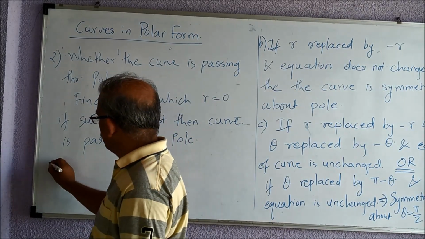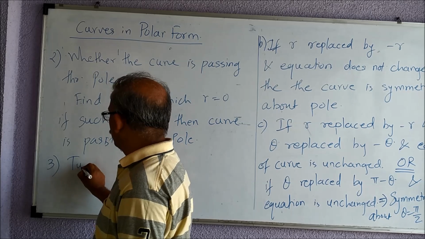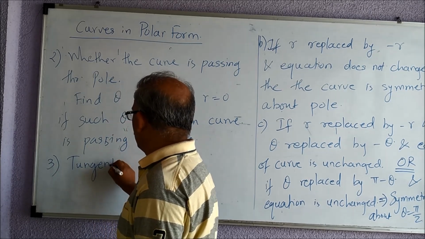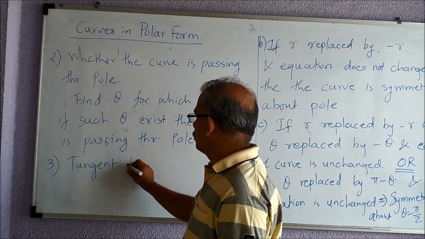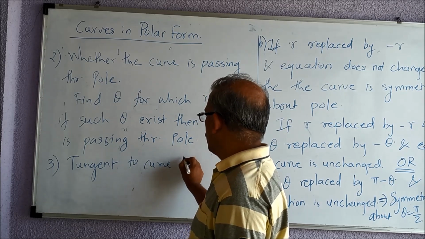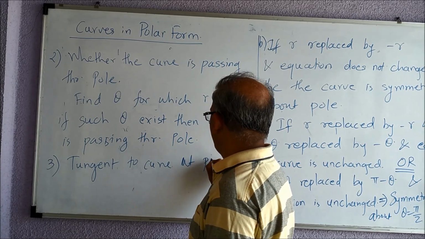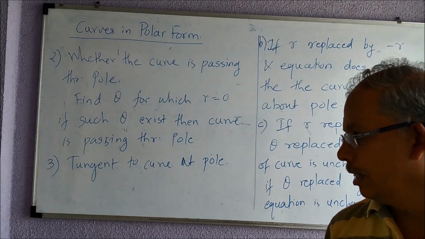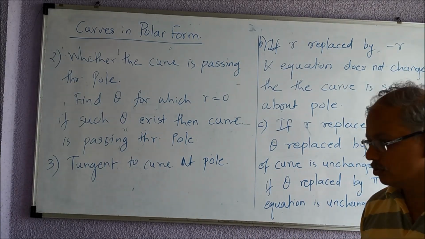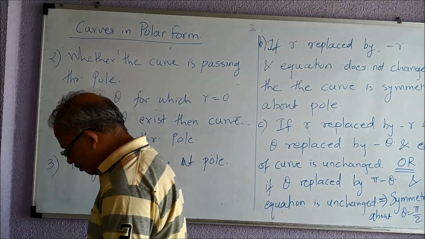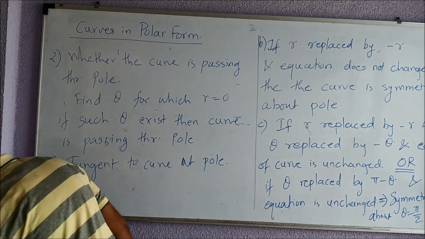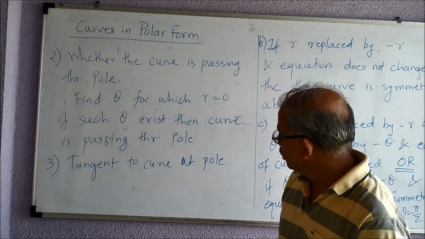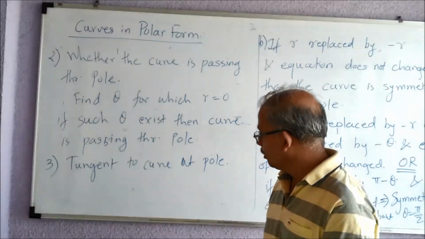So the third point is the tangent to the curve at the pole. Now how to find this tangent? It's a very simple procedure. You simply put r equal to 0 in the given equation.